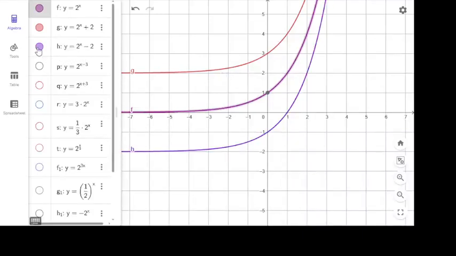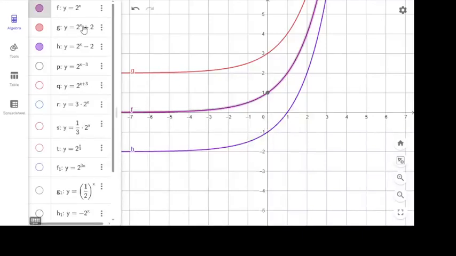here we will see 2 to the power of x minus 2. That means I take this function and bring it down 2 units. So my horizontal asymptote would be y equals -2, and my y-intercept would be -1.